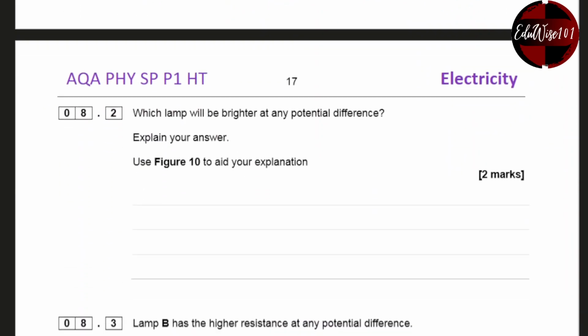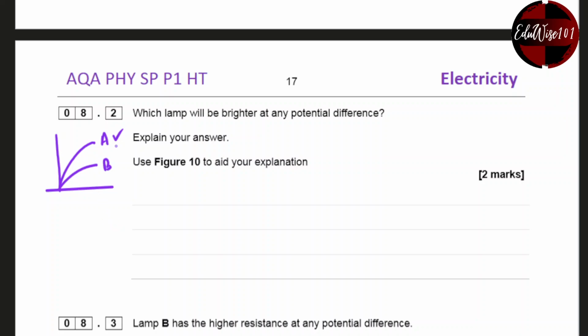Which lamp will be brighter at any potential difference? Explain your answer. Use figure 10 to aid your explanation. Now, if you were to look at the graph, the line for A was on the top and line for B is there. Which of these lamps is going to be brighter? It is going to be lamp A. Why?